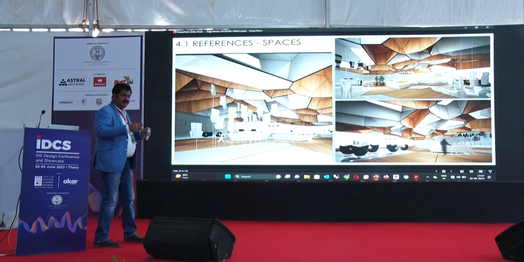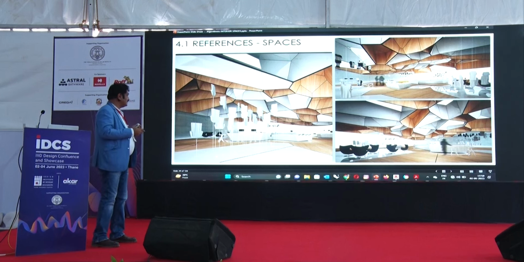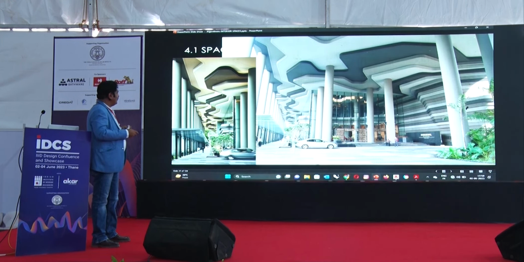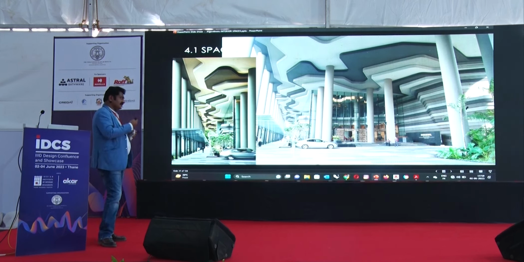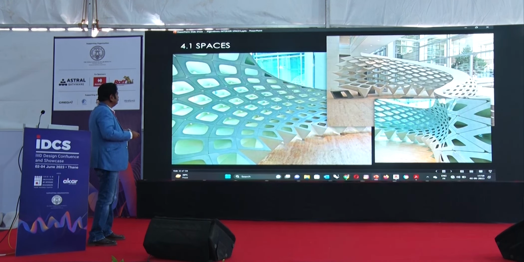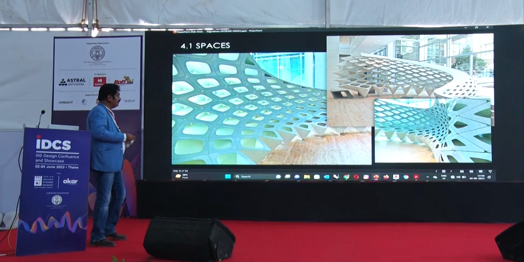These are a few references of what we can achieve through this. So here spaces, you can achieve this kind of design. This is a reference of a building in Singapore. You can create this kind of elements.